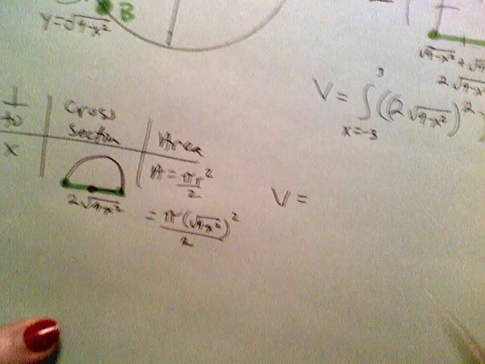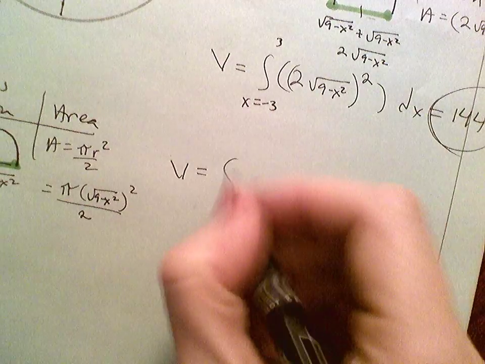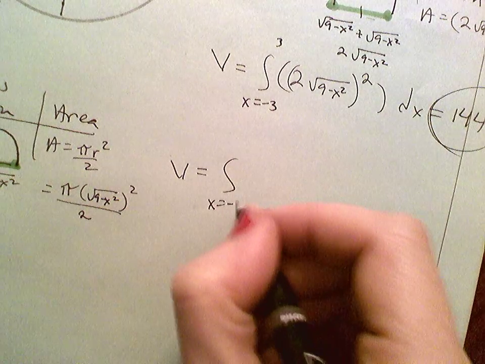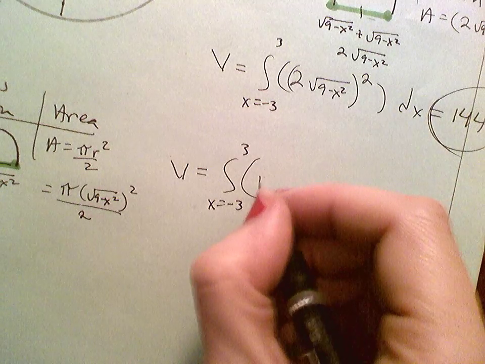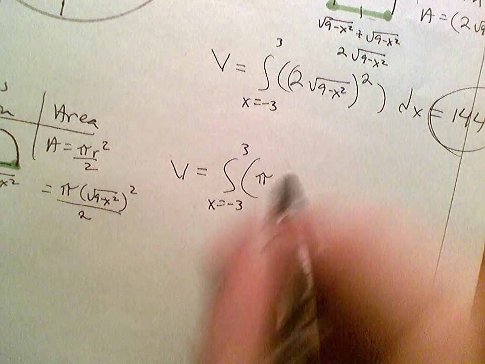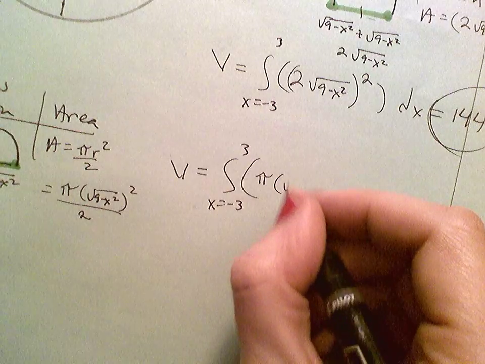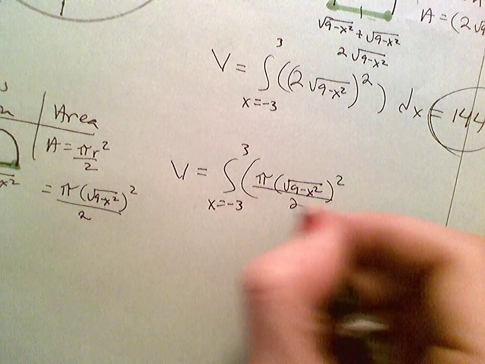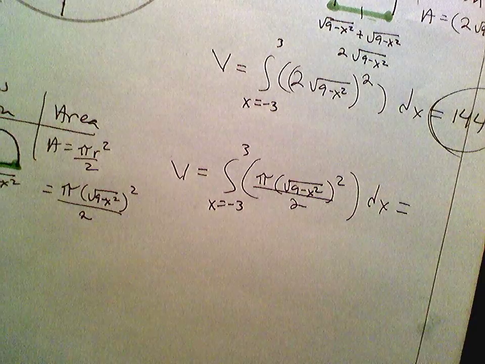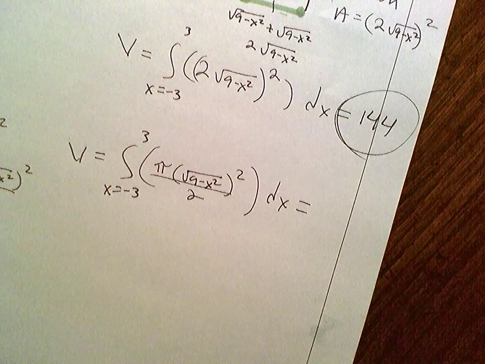So the volume is the integral from x equals -3 all the way up to 3 of pi times radical 9 minus x squared, squared, all over 2 dx. Let's see what we get here.